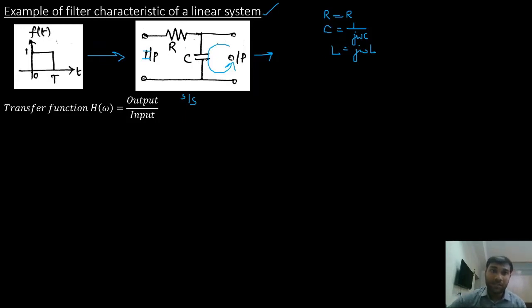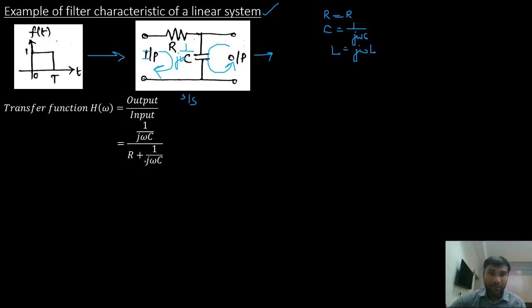Now in place of C, I'm going to have 1 by j omega C. My output loop consists of only the capacitor, so my output is going to be 1 by j omega C, and my input loop consists of a series combination of resistor and capacitor, so that is going to be R plus 1 by j omega C. So this I'm going to simplify.